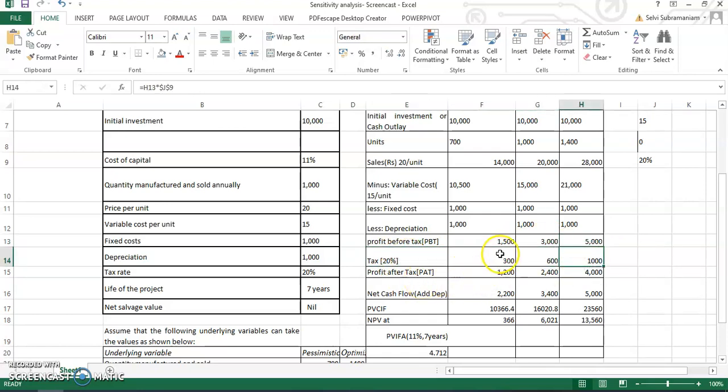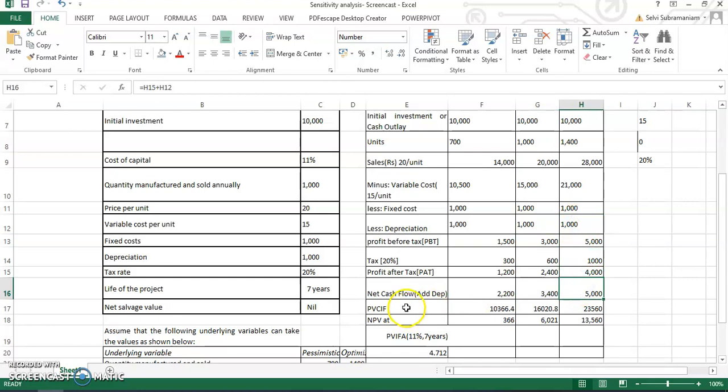So profit after taxation is 1,500 minus 300, 1,200; 3,000 minus 600, which is 2,400; 5,000 minus 1,000, which is 4,000. How did I get the net cash flows here? It is after adding back the depreciation. So 1,200 plus 1,000 is 2,200, 2,400 plus 1,000 is 3,400, and 4,000 plus 1,000 is 5,000.